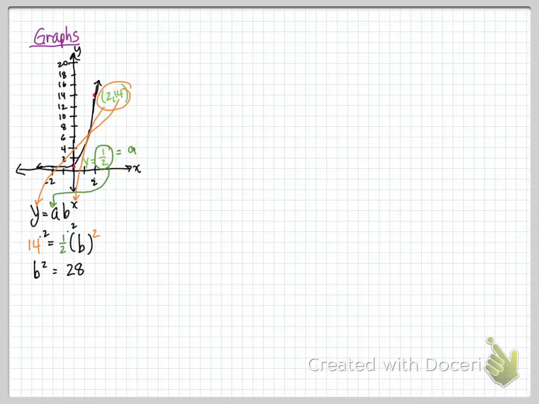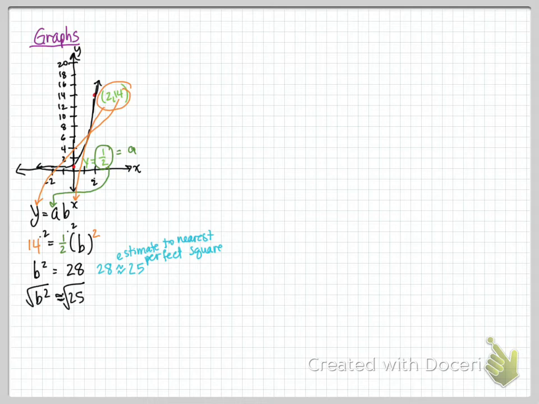We're going to say that 28 is approximately the same as 25, so we're estimating to the nearest perfect square. Then we solve this problem. b squared is approximately equal to 25.